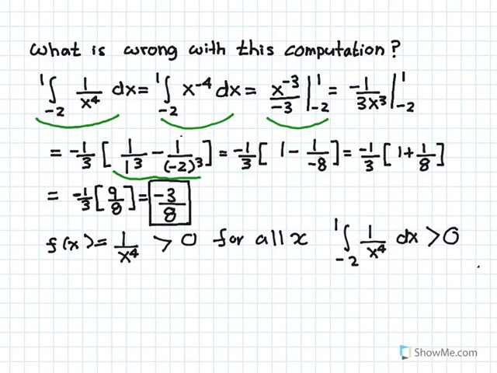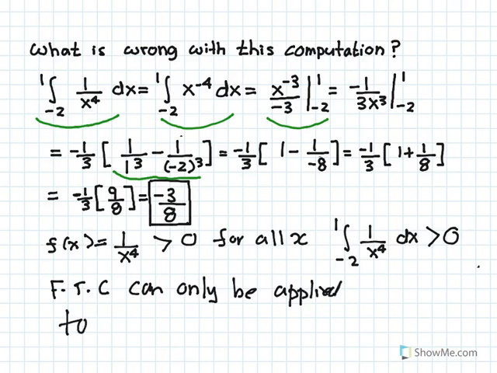But we have a negative result, so that means something is wrong. So the reason is FTC, the fundamental theorem of calculus, cannot be applied to a function that's discontinuous, and this function clearly is discontinuous at x equals 0. So FTC can only be applied to continuous functions.